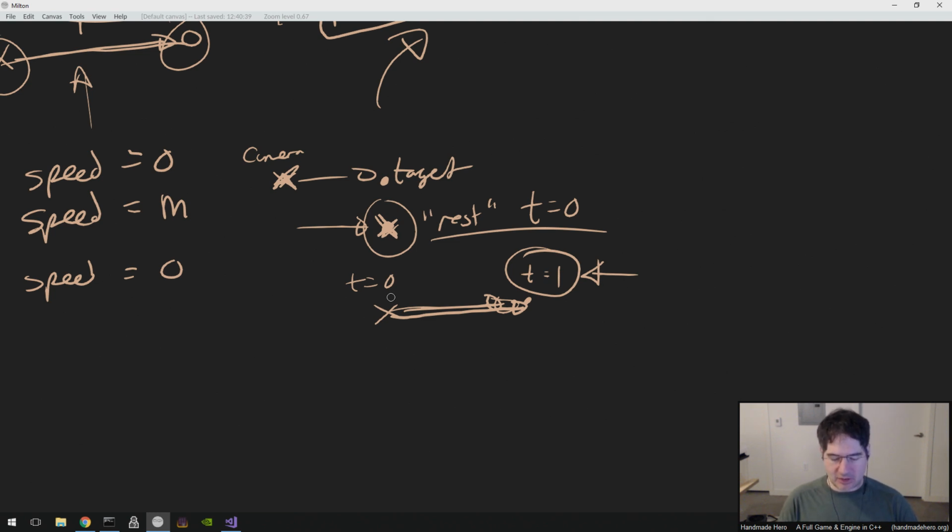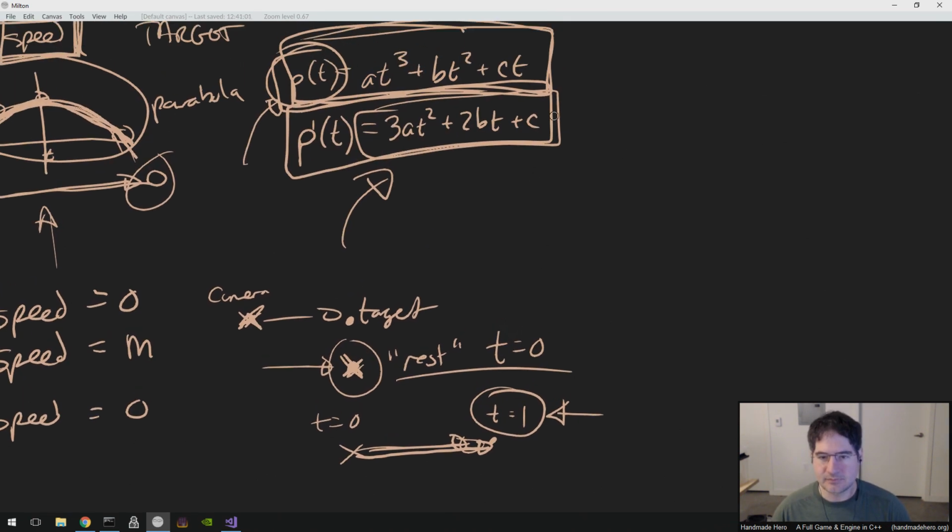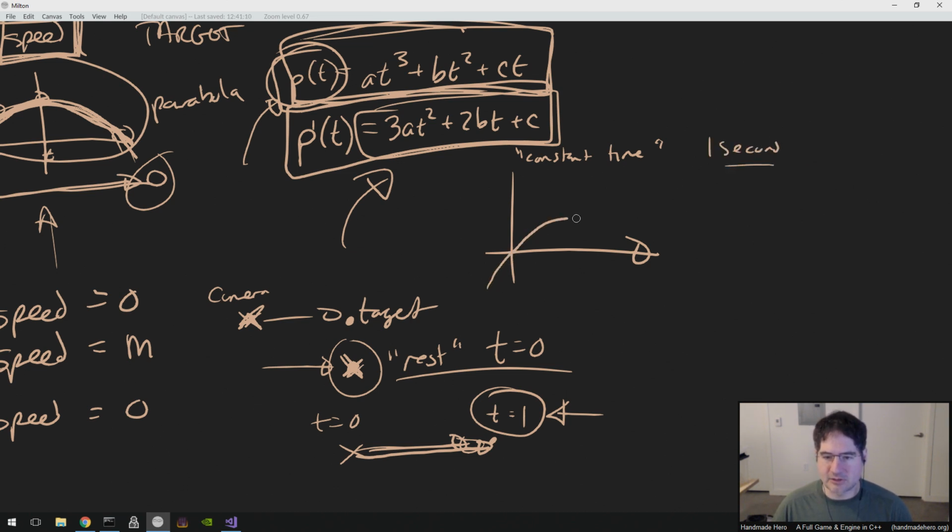So we want our curve to start at 0, go to a maximum velocity, remain at the maximum velocity, and then end, right? So in other words, if we want our room transitions to happen in constant time, meaning like, 1 second always or something like that, then our thing can look like this.